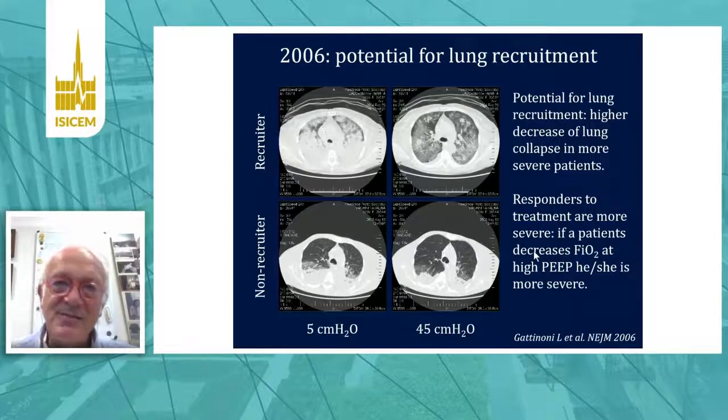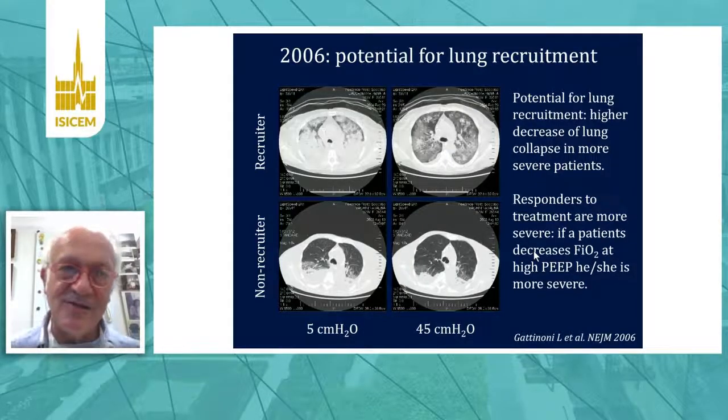The next important use of CT scans in ARDS relates to the measurement of the recruitable lung. Lung to be recruitable needs to be collapsed. So the patients that are more recruitable are those that have more collapsed lung. That is, recruitable patients are those that have the most severe impairment in gas exchange.